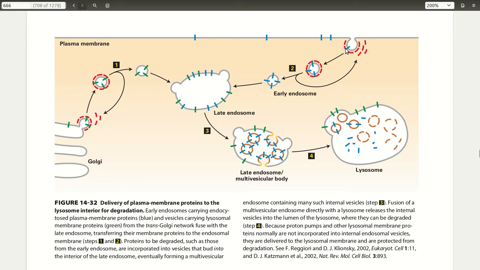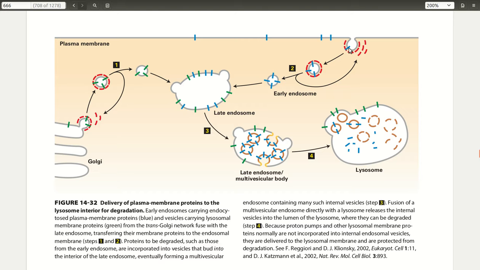The process begins when you have some proteins, such as these blue proteins here, on the membrane of the cell, and they have to be degraded. So they go through the process of endocytosis, where you have formation of the clathrin AP2 complex on this budding vesicle.